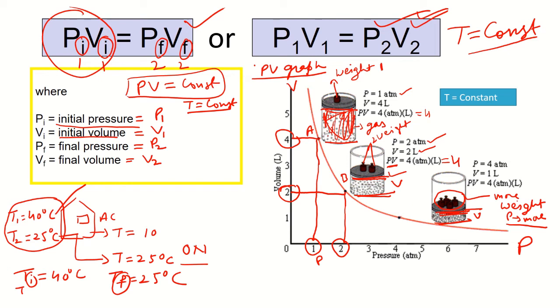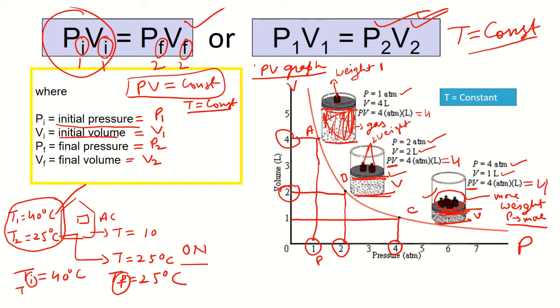So we can find the value of the pressure and the volume. Let's say this point represents this picture. Let's say this is C, and at point C the value of the pressure is 4 atmosphere and the value of the volume is 1 liter. I have written here the pressure is 4 atmosphere and the volume is 1 liter, and if I multiply, this is coming 4.